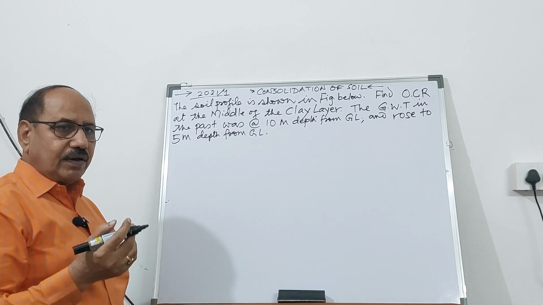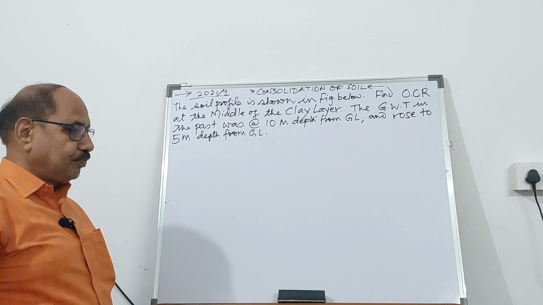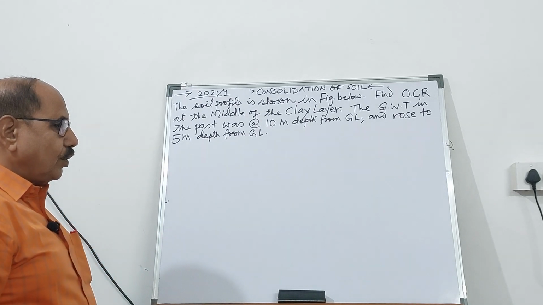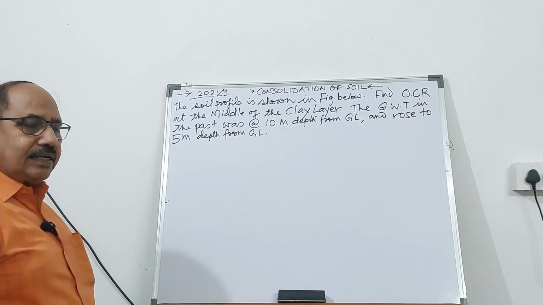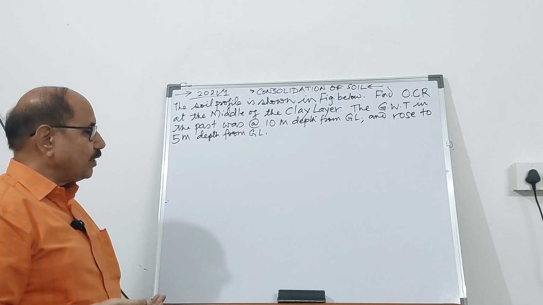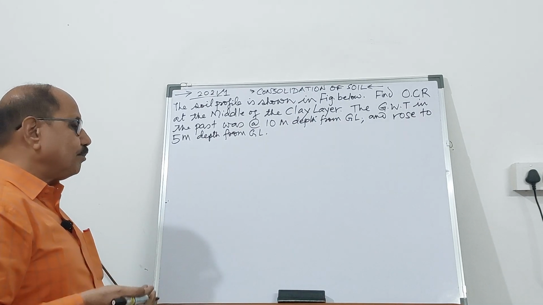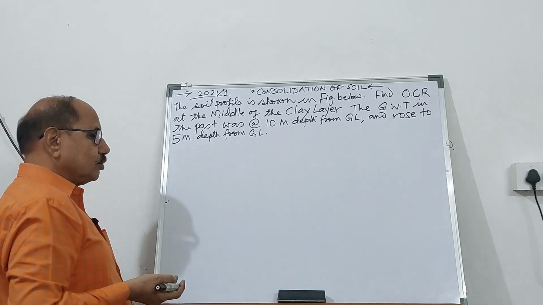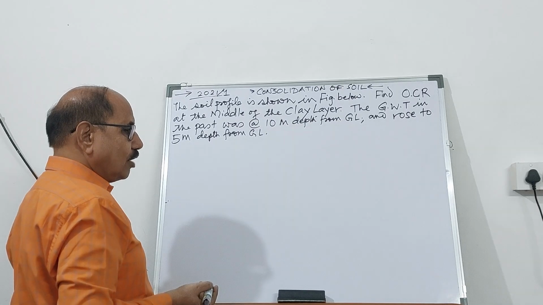Normally, the water table fluctuates during monsoon. It comes up, and therefore the effective stresses when it goes down are going to be higher, and when it comes up, they are going to be lower. So 5 meter from the ground level.